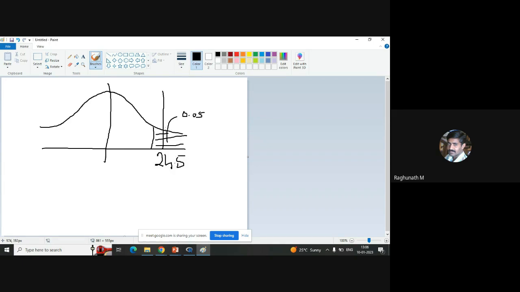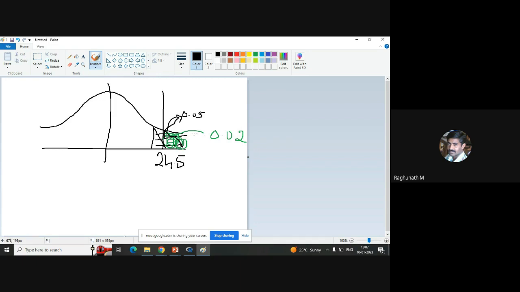Then whatever the region which is greater than this value, whichever I am marking, this region is going to be 0.02. This is called the p-value. This entire region, this black color, whatever you observe, is going to be 5%.